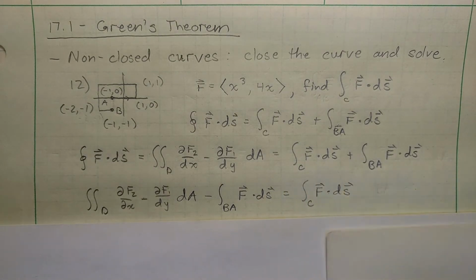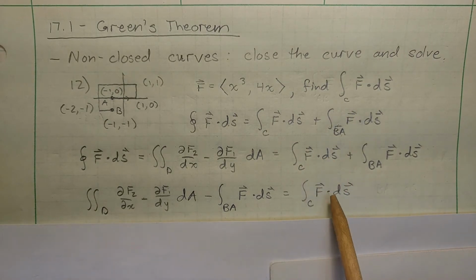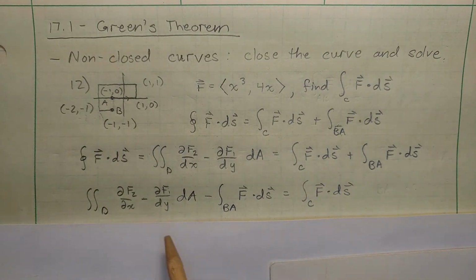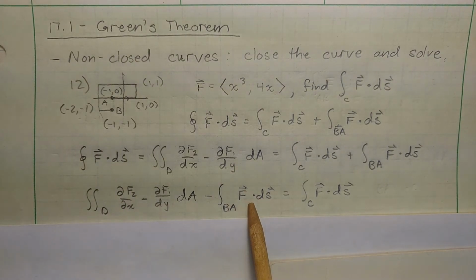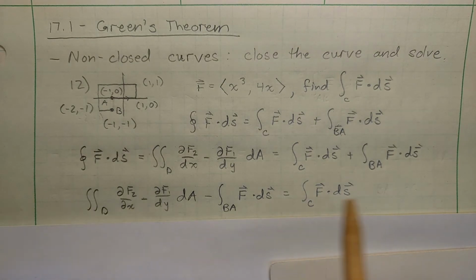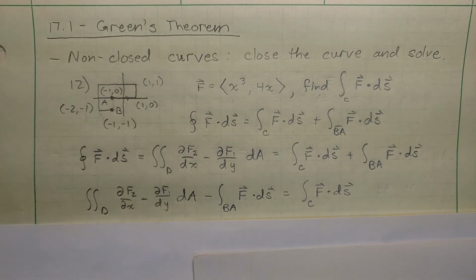So that's just solving this for my closed curve. I can see that if I can evaluate this, which is a simple application of Green's theorem and a simple parameterization of a vertical segment, I can get it. So let's go ahead and do that.